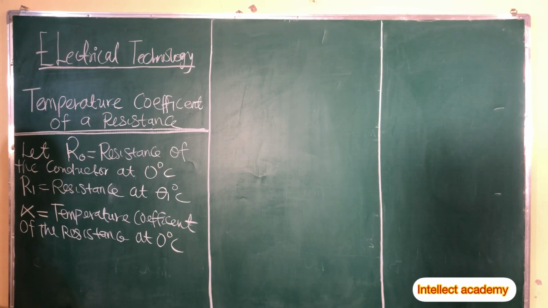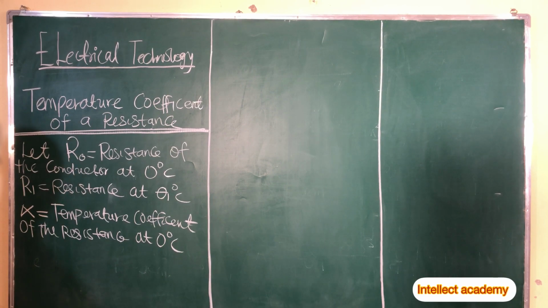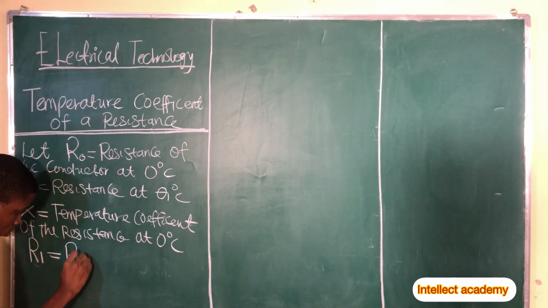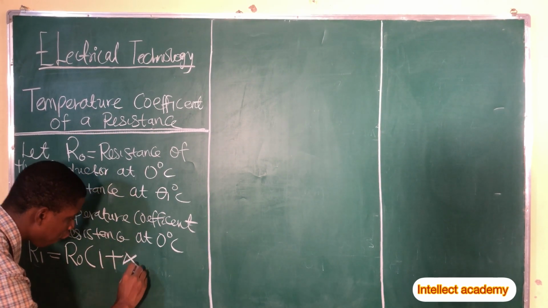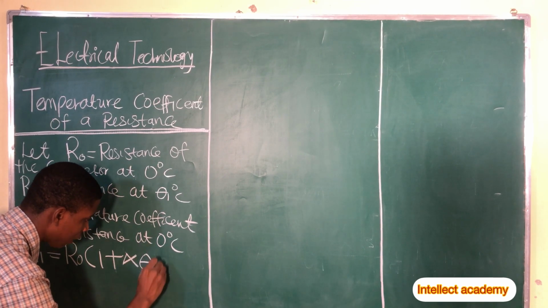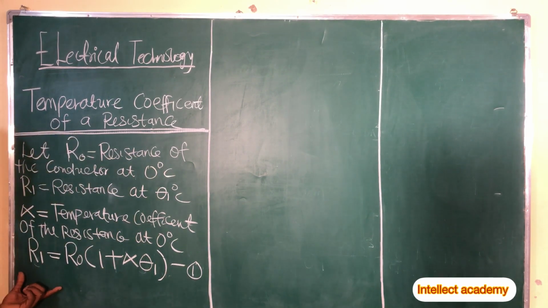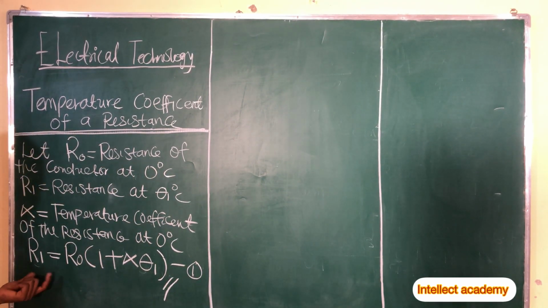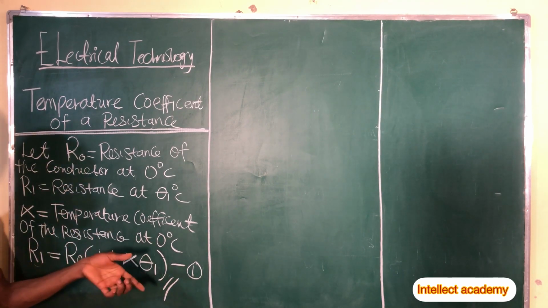Now, take note. The value of the resistance at theta 1 degrees is given by this expression. R1 equals R0 bracket 1 plus alpha theta 1. So let's call this equation 1. This is the mathematical expression for the relationship between the resistance of a conductor at 0 degrees.